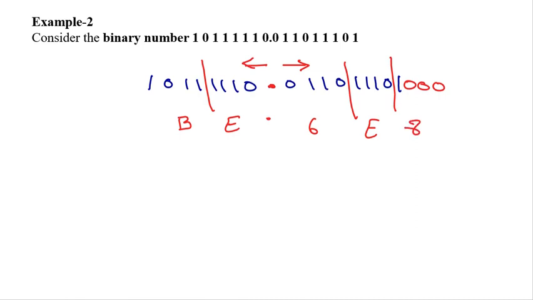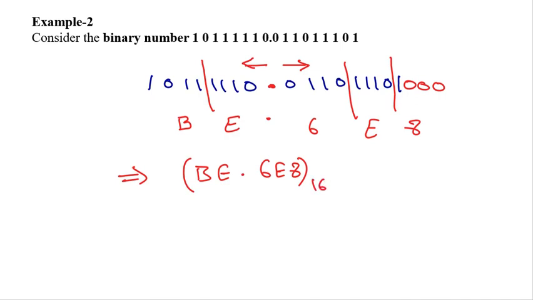You can get the 4-bit binary equivalent of each hexadecimal digit from the table explained in the previous slide, where each hexadecimal digit is represented in its 4-bit binary equivalent. So after converting, the hexadecimal equivalent of the given binary number is BE.6E8 base 16, because this is a hexadecimal number, so its base is 16.